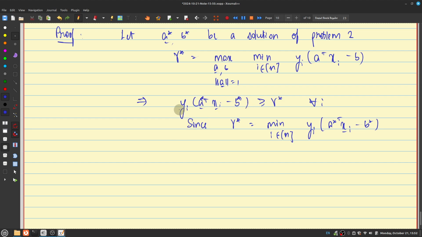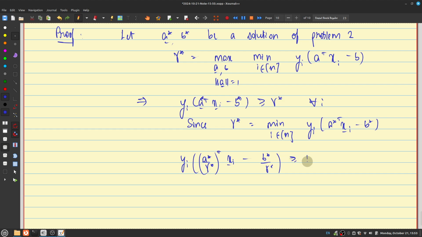Okay, good. Now, if this is true, what can I say about yi times a star by gamma star transpose xi minus b star by gamma star?